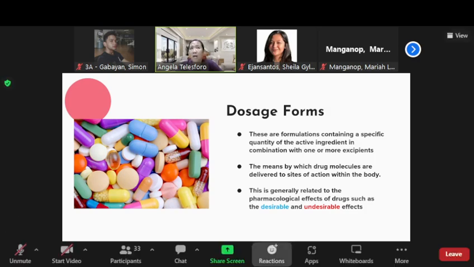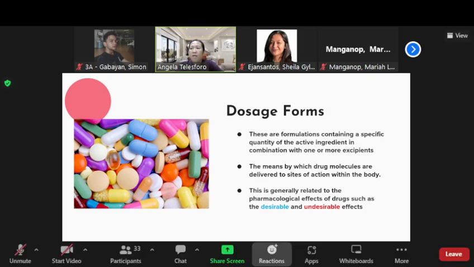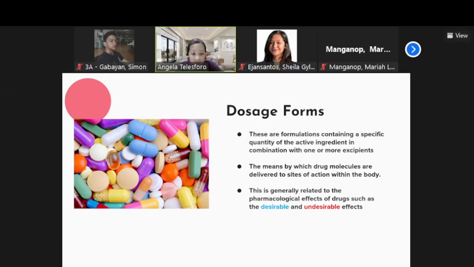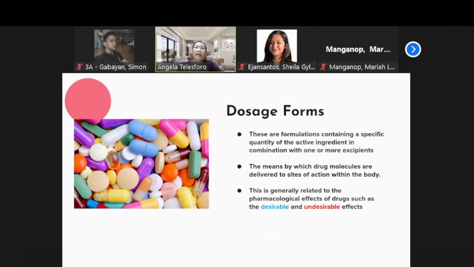Pwede rin natin gawin ang dosage form na parenteral. So when we speak of parenteral, lahat na, which includes intravenous, intramuscular, intradermal, intrathecal, intraspinal, lahat yun, they are parenteral. So we make a dosage form na parenteral.